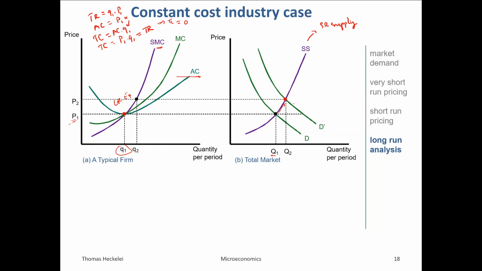And what is the implication for the firm? Going back here, at the new equilibrium price P2, by the way, market equilibrium quantity now is Q2.